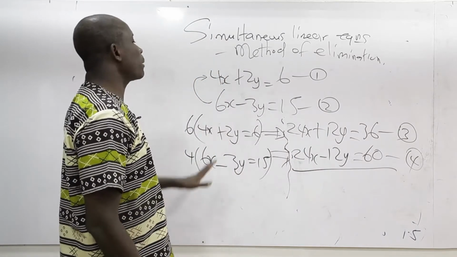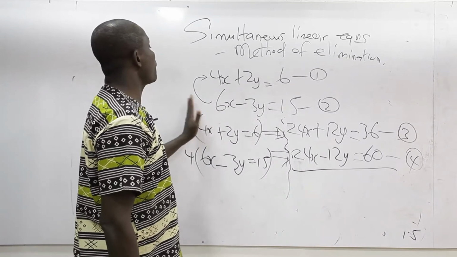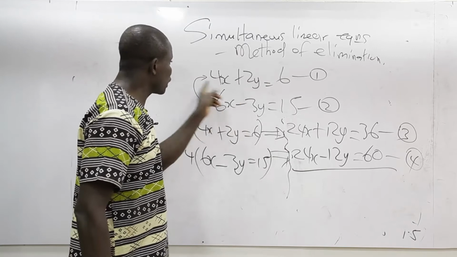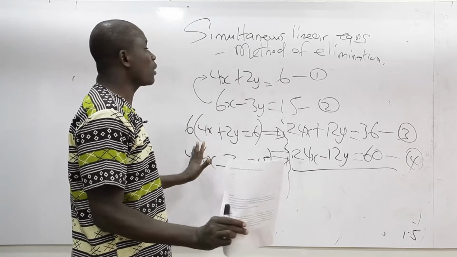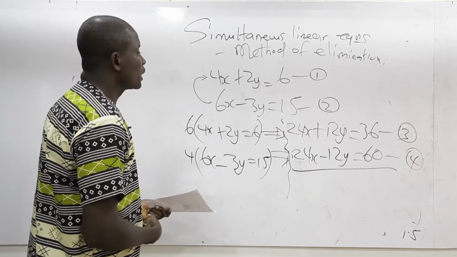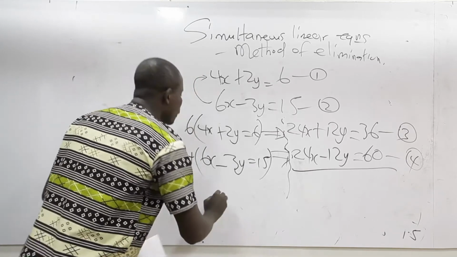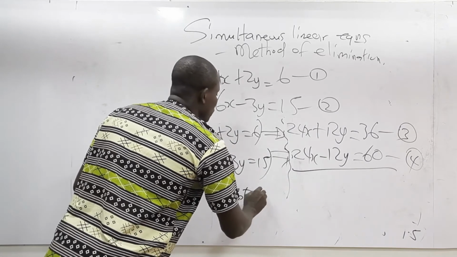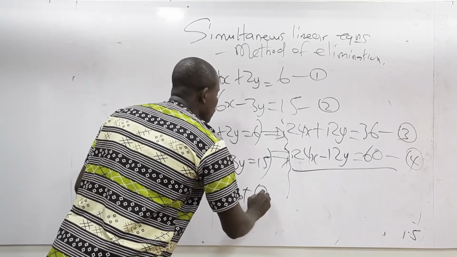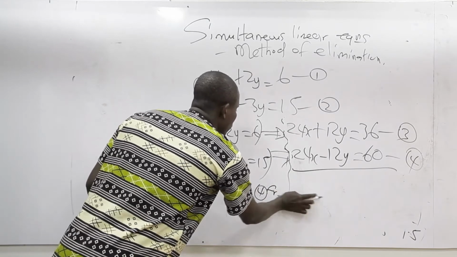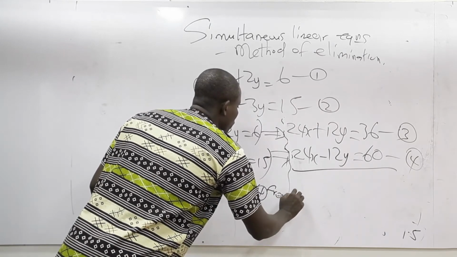Remember that somebody can decide to eliminate y by taking the coefficient here, which is -3, to multiply here. But don't go there. Right now, you focus on here first. If you understand that, then we talk of that. Now, what are we going to do? Subtracting equation 4 from 3.